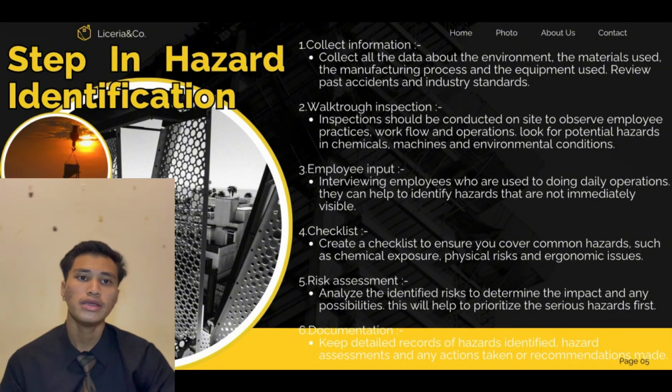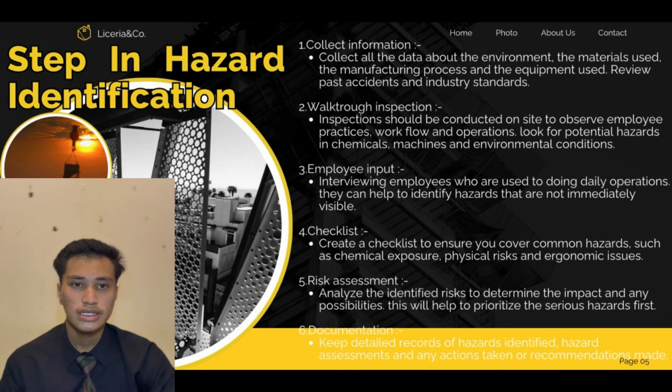Third, employee input. Interview employees who are used to doing daily operations. They can help to identify hazards that are not immediately visible. Next, checklist. Create a checklist to ensure you cover common hazards such as chemical exposure, physical risk and ergonomic issues.